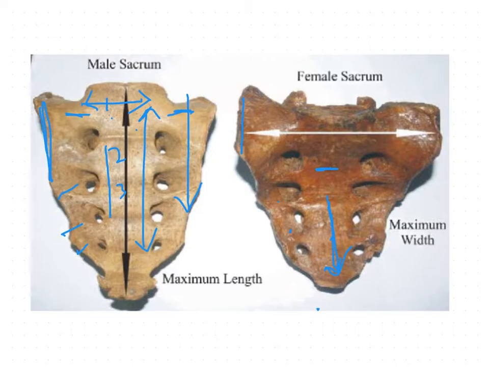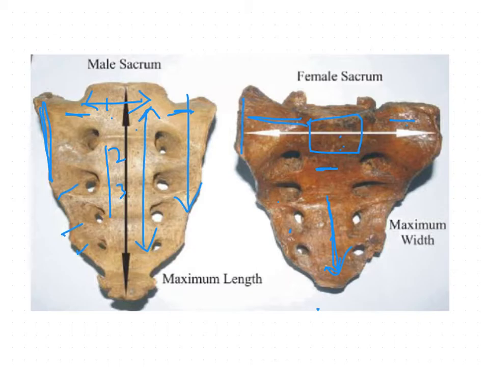When you take the female, the transverse measurement of the ala is more than that of the body of the first sacral vertebra. This ala is greater than the body of the female first sacral vertebra.